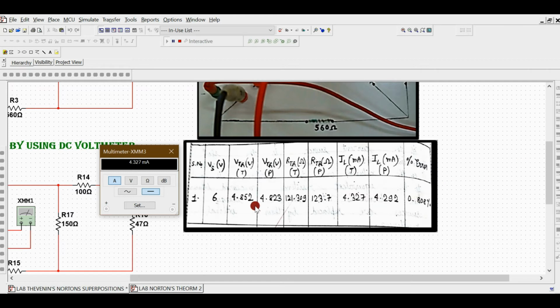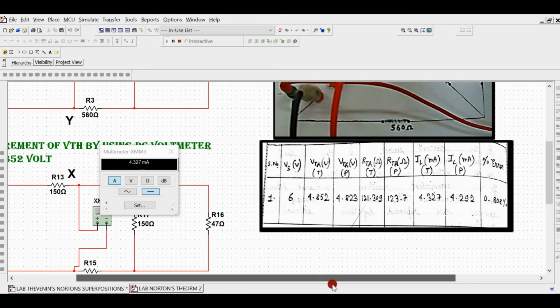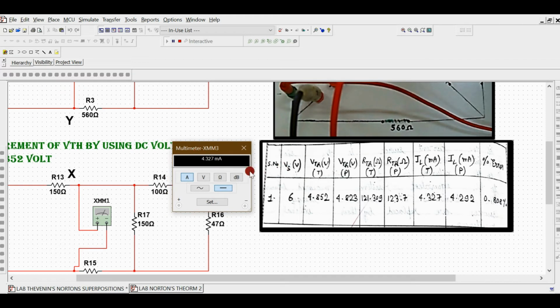Actually when this practical was performed, by measurement we wrote down all the readings, and there was a slight difference. But we are verifying this in Multisim software, so far this is exactly the same. There could be error in actual instruments like ammeter, multimeter, whether digital or analog, voltmeter, ohm meter.